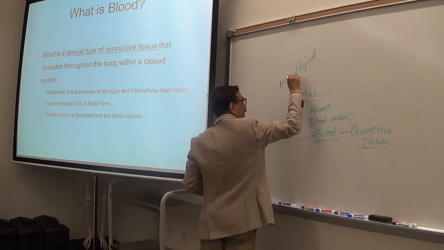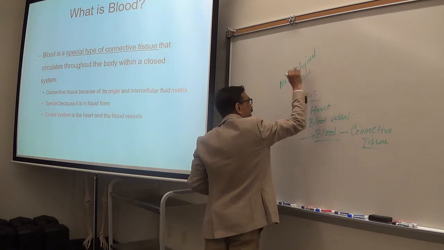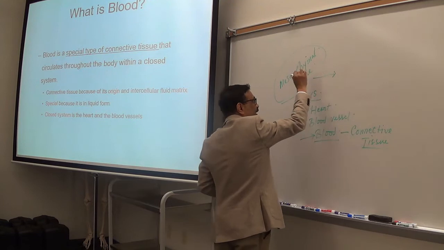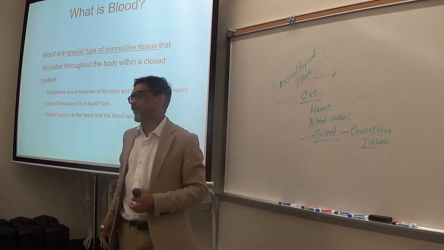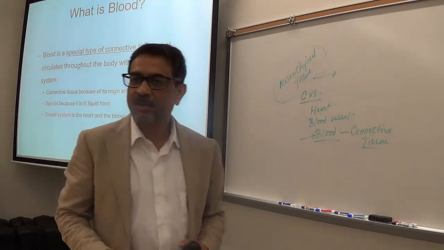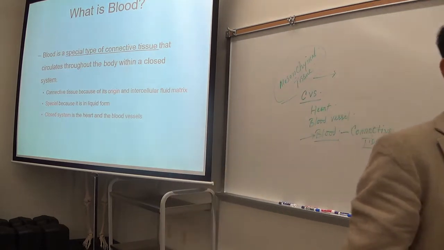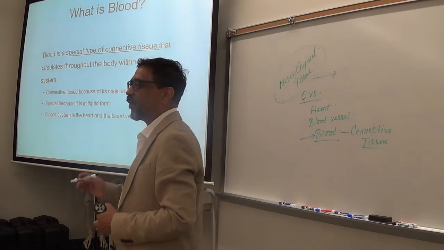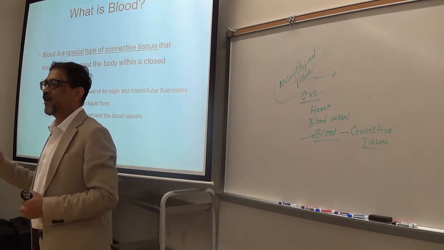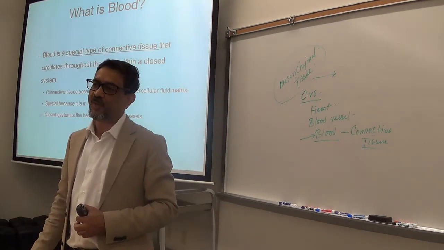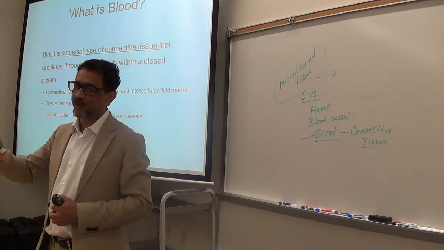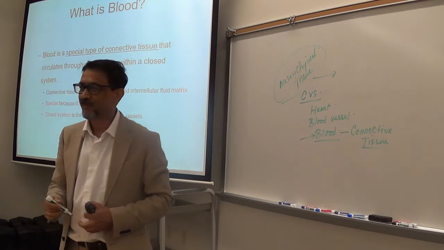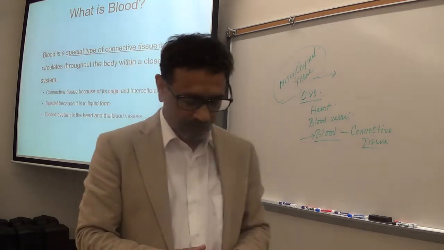One type of embryonic tissue, and all connective tissues come from the mesenchymal tissue. Your fats come from mesenchymal tissue. Your bones, cartilages come from mesenchymal tissue. That's why all those belong to connective tissue. Make sense? Blood also comes from the mesenchymal tissue.